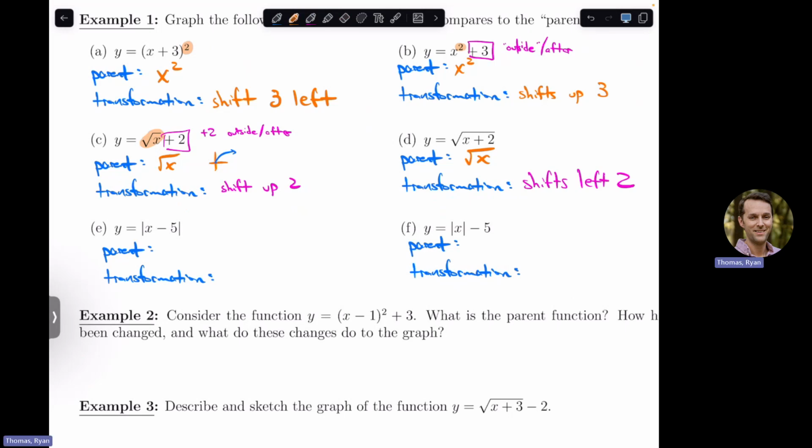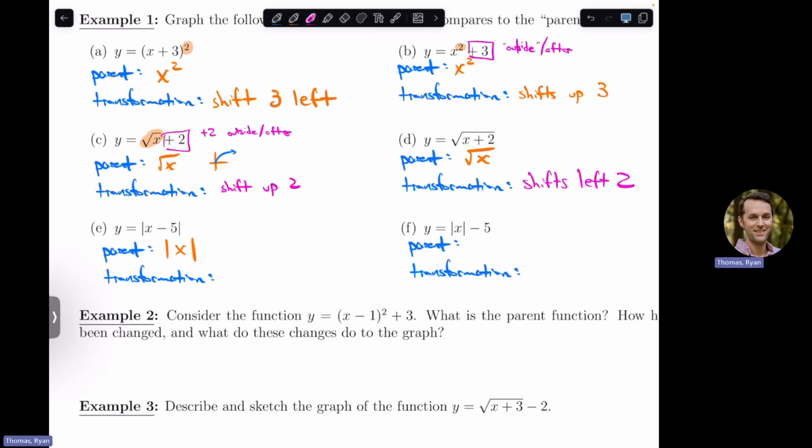Okay, and then E and F. What kind of function? Absolute value. What's absolute value look like? B, right? Straight line, sharp corner. I don't know what the sound effect is for that one. Carly, if you could work on that, that would be great. You can be our official sound effect person, I guess. Absolute value. -5 on the inside of the absolute value.